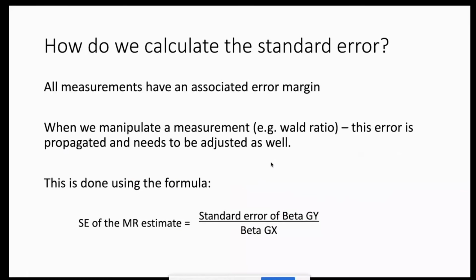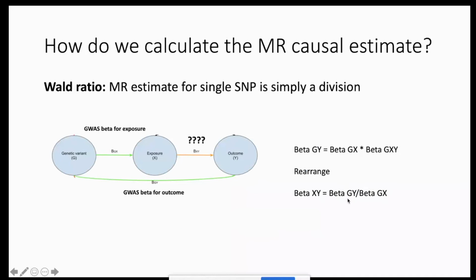And as we saw in the genome-wide association study, there's always a margin of error associated with all of these regression and beta coefficients. And we need to take this into account when we do a division, because these errors propagate as we manipulate the measurements. So for example, there is an associated standard error with the beta GY that we can get from the genome-wide association study for the outcome. And there's also a standard error associated with the GWAS for the exposure data.